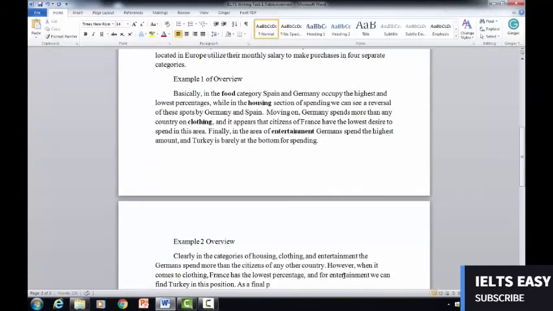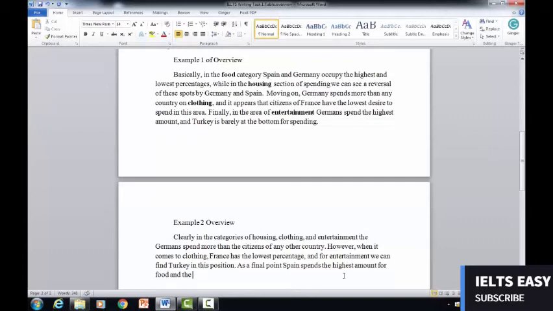As a final point, Spain spends the highest amount for food and the least in housing.